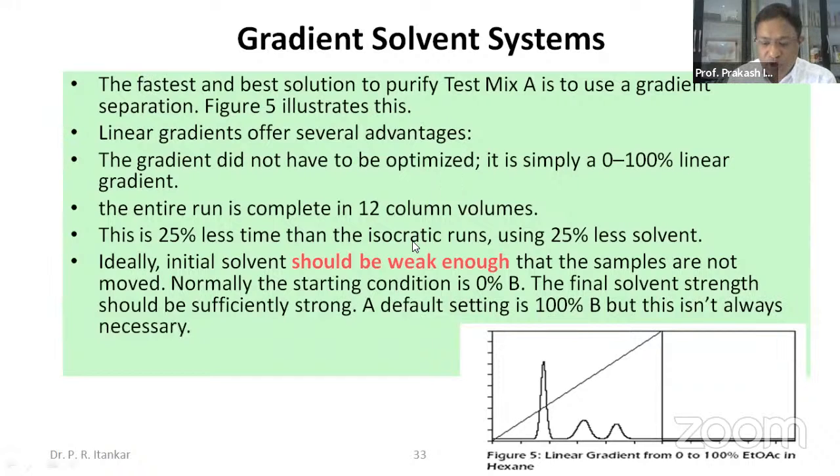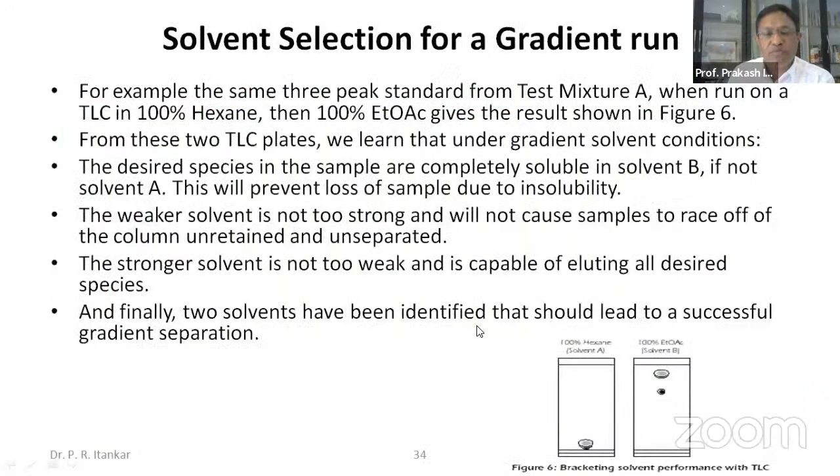Sometimes, for example, for the first peak, the column volumes may be 3 to 4 columns, and you will achieve the desired separation of the constituent. However, in case of the last sample, which is difficult to elute at 30% or that concentration, you need to increase the gradient right up to 100% ethyl acetate.